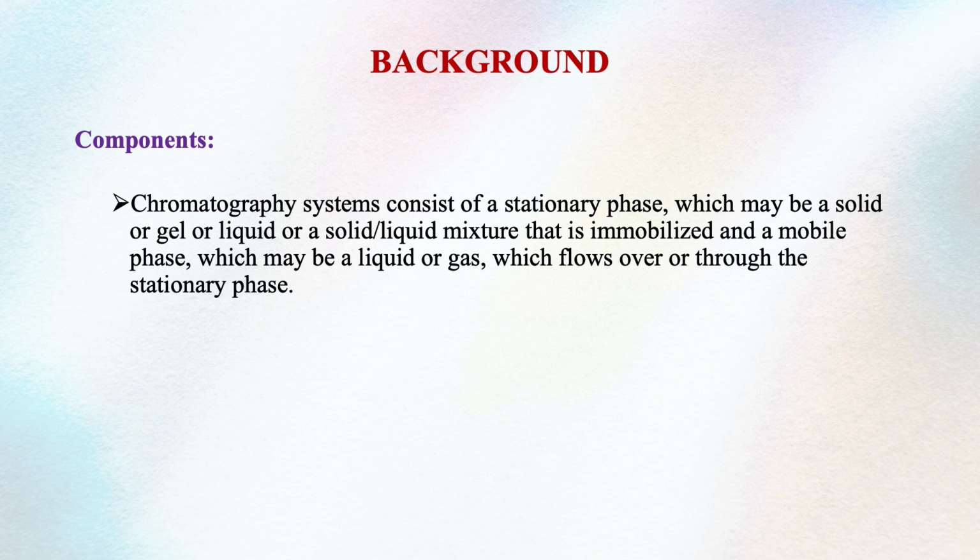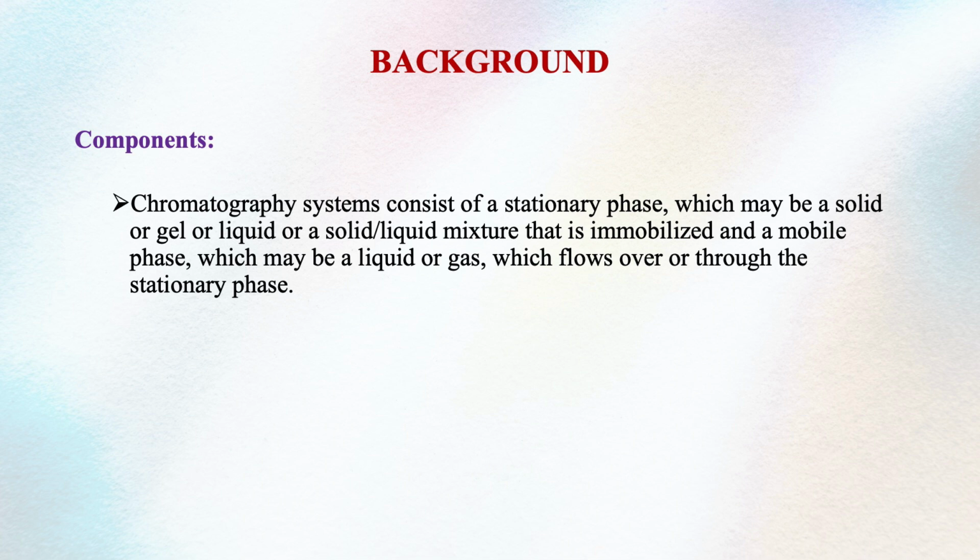Any procedure you want to perform needs certain basic requirements, that is, basic components. To perform paper chromatography, there are majorly two components: one is called the stationary phase, the other is called the mobile phase.